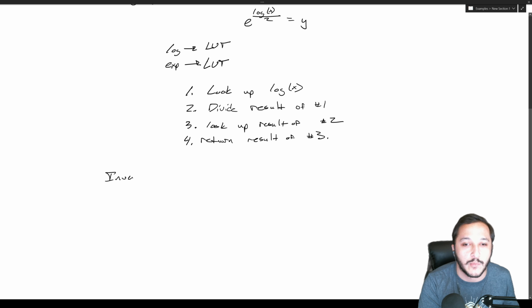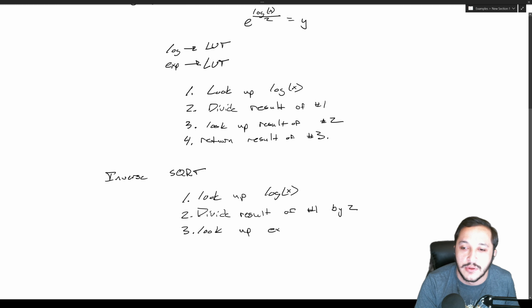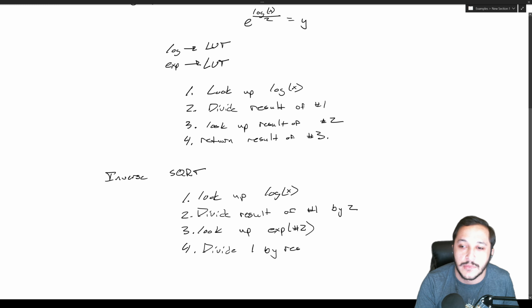So if you want to do inverse square root, you can look up log of x, divide step 1 by 2, look up Euler's constant to the power of the result of 2, and then you divide 1 by the result of number 3, and then you return 4.